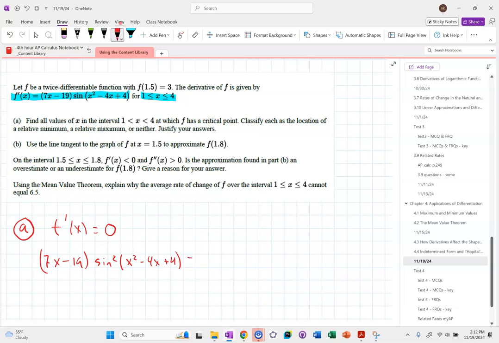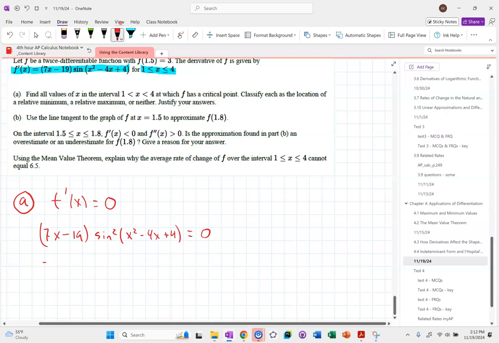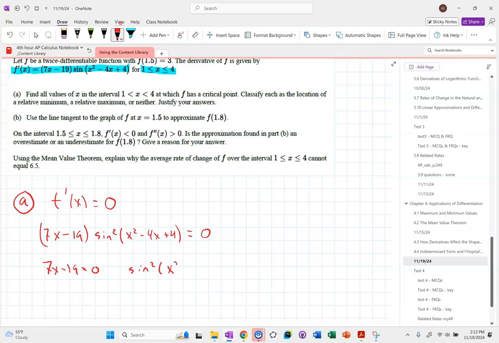Okay. So if I have this equal to 0, I can set each piece equal to 0 using my zero product property. So one of my answers is going to be 19 over 7. Here we'll square root both sides to get rid of the squared on my sine.